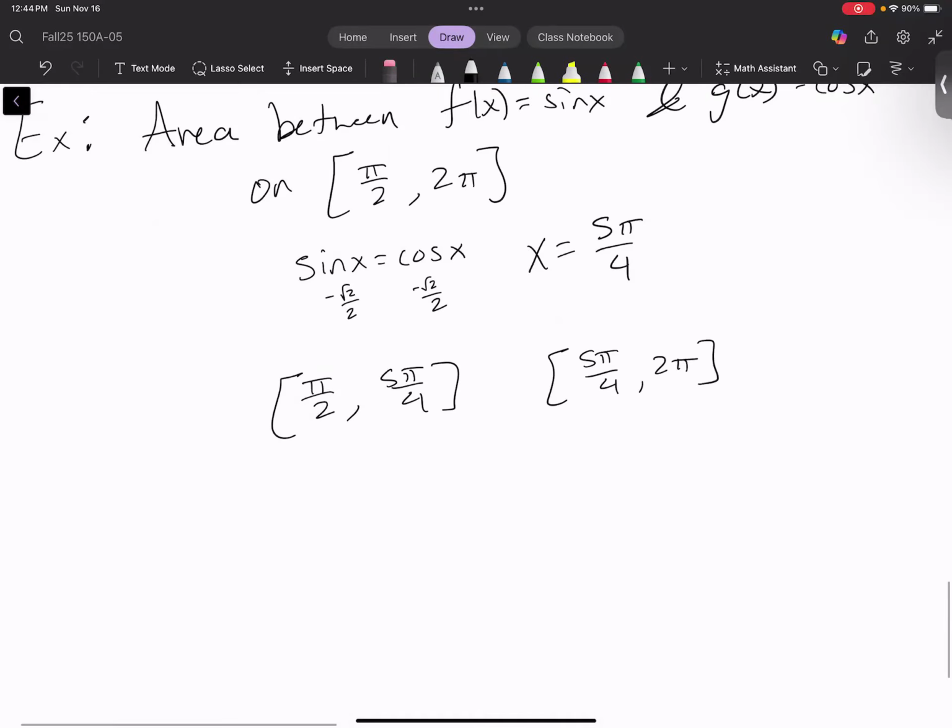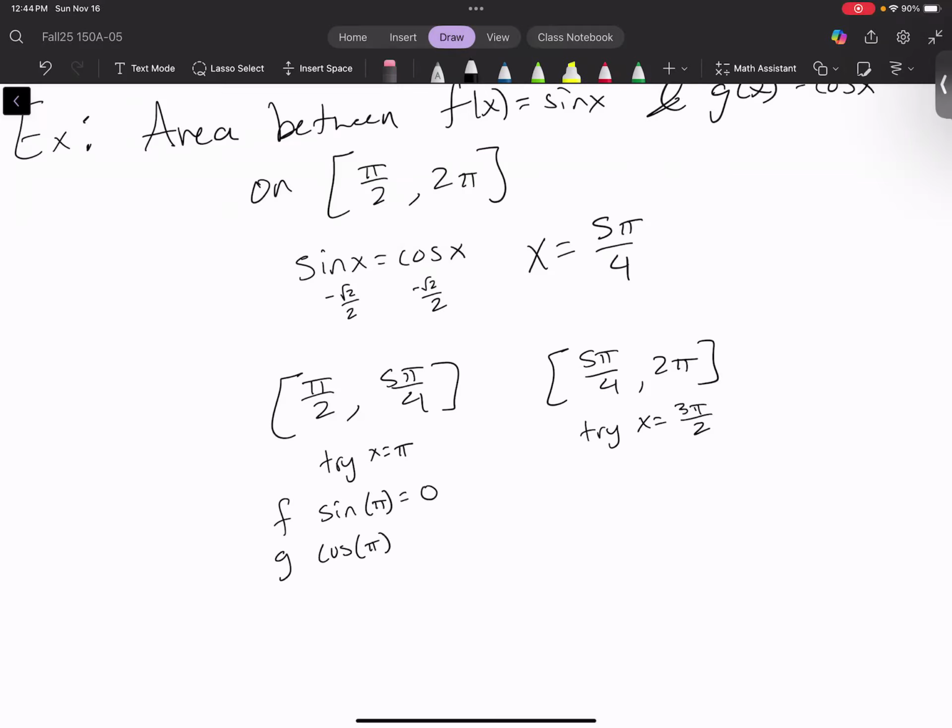And let's plug in a value in each one. So what's the value in here? So let's try x equals pi. That's in there. And then here, what's the value in here? x equals maybe 3 pi over 2. Okay, and we'll plug in. So f, so sine of pi, and then g would be cosine of pi.